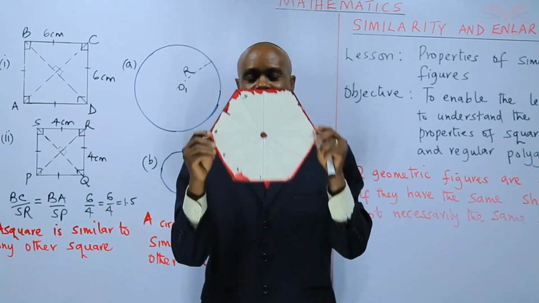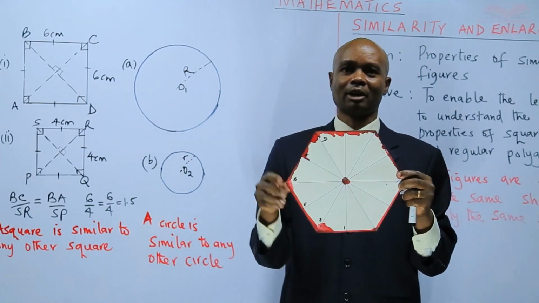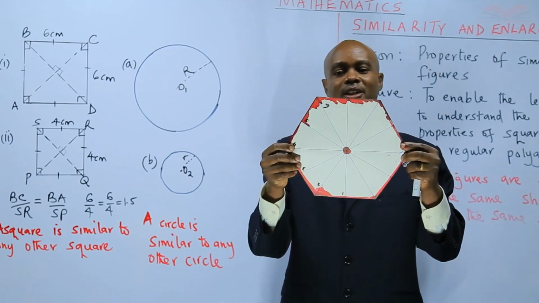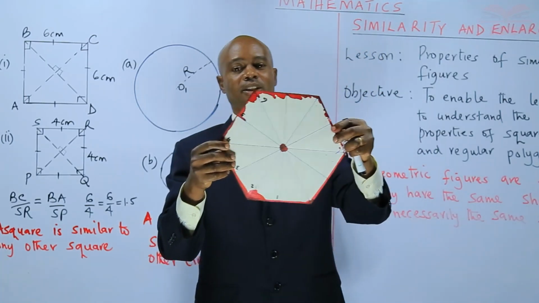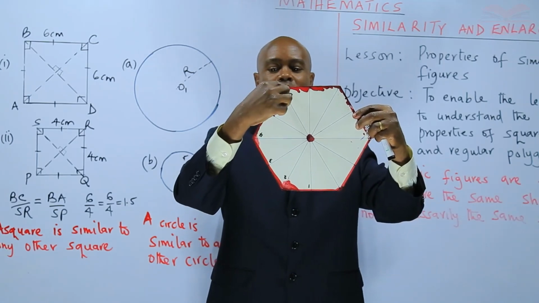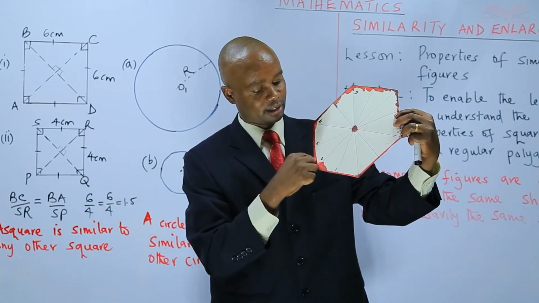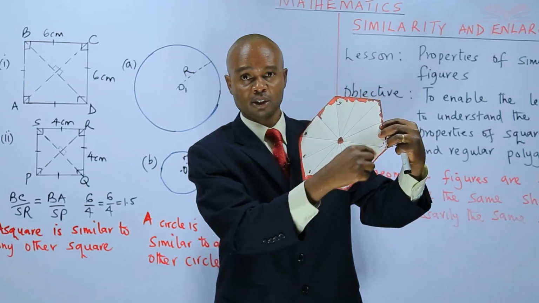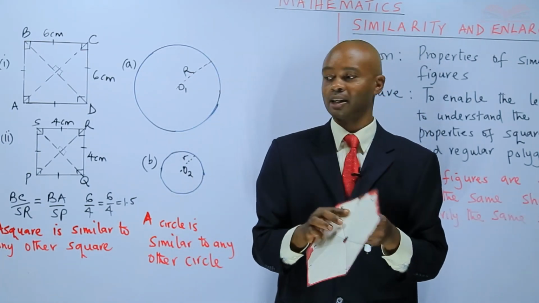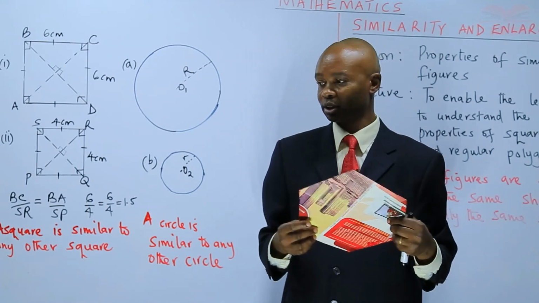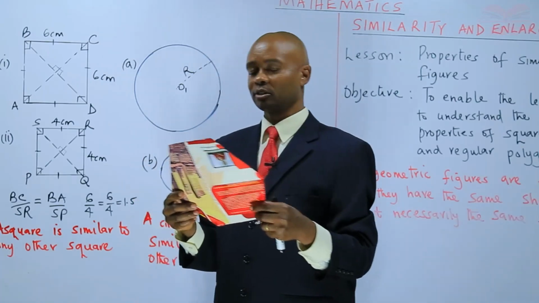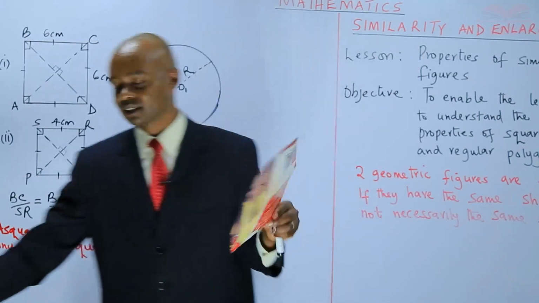Any hexagon, however big, it might be bigger than this one, will still have the same properties. This angle will remain 120, 120, 120, 120, 120, however big it would be.